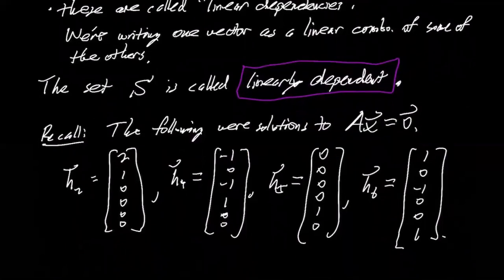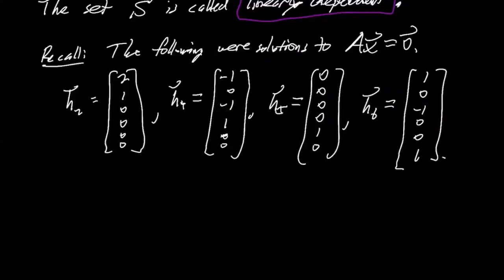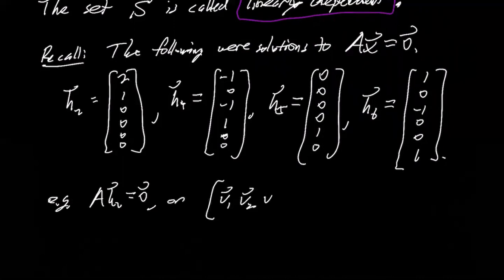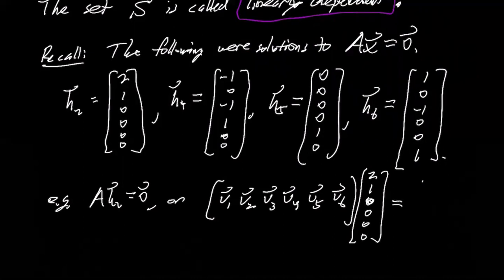Well, okay, let's think about it. So these are solutions to Ax equals 0. So for example, AH2 equals 0, but that's the same thing as saying the matrix whose columns are V1 through V6, if we multiply that times this vector, we get the 0 vector in, I guess, 3 dimensions.